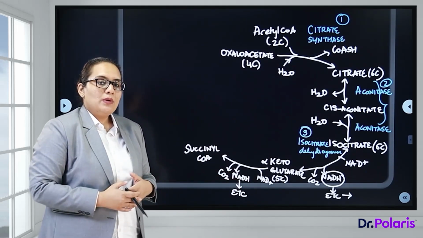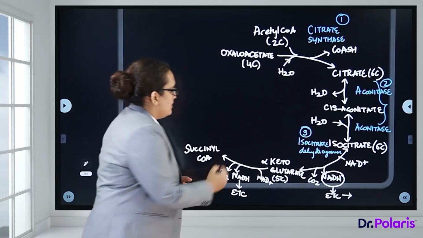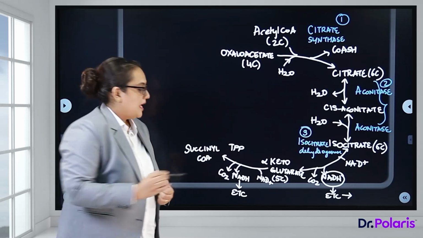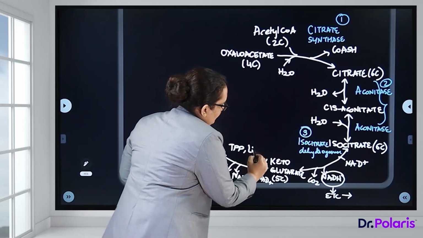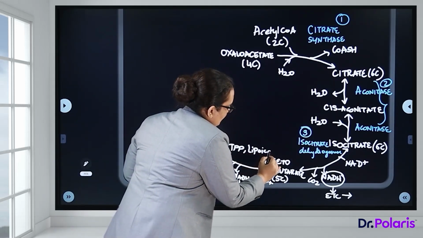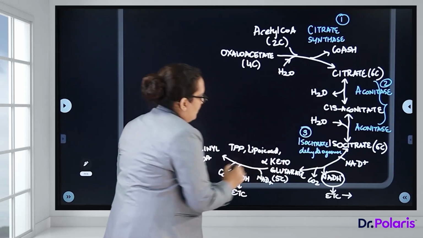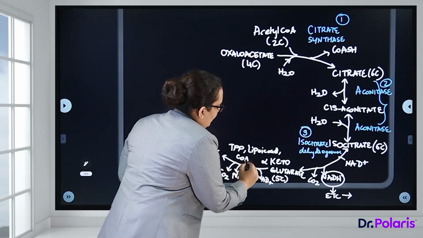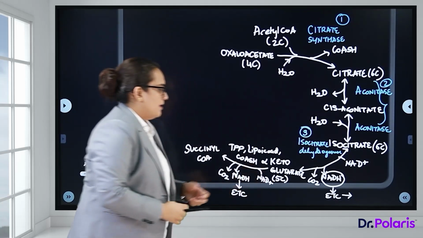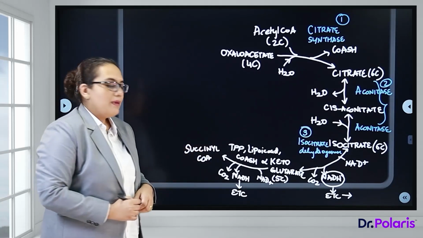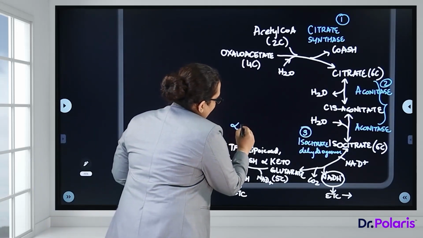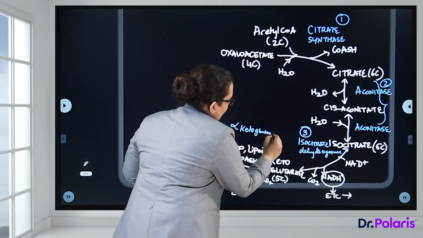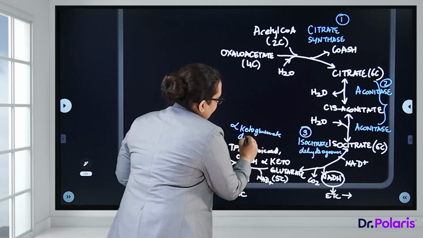This reaction also requires certain other coenzymes or cofactors such as thiamine pyrophosphate, lipoic acid, okay, these are all derivatives of vitamin B, and then you also need an active coenzyme A. The reaction is catalyzed by the enzyme alpha ketoglutarate dehydrogenase.